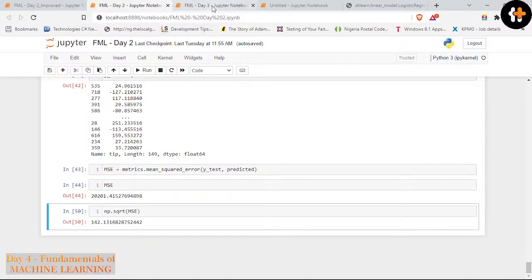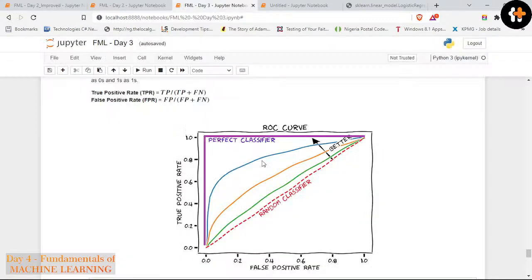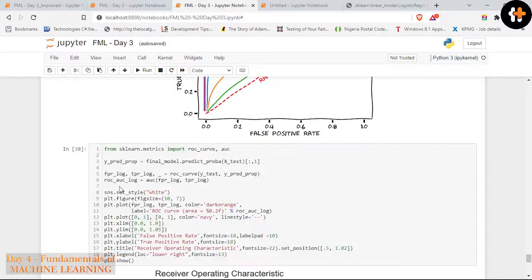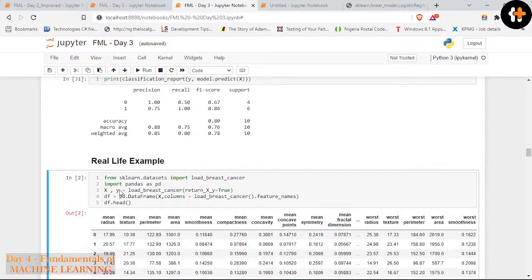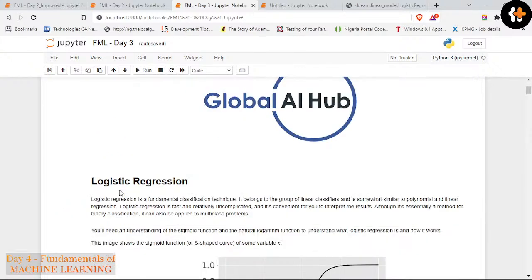So day three, yesterday we looked at logistic regression, where we used an example, the material from our mentor, Global AI Hub.